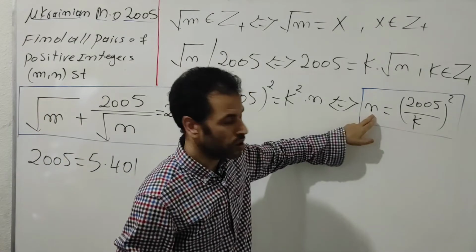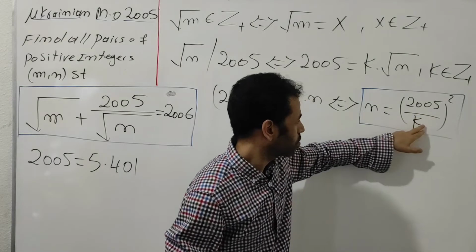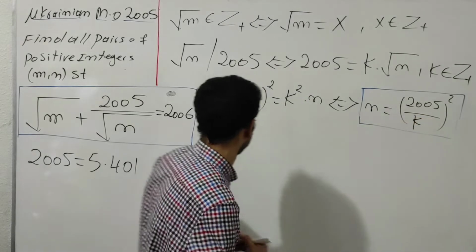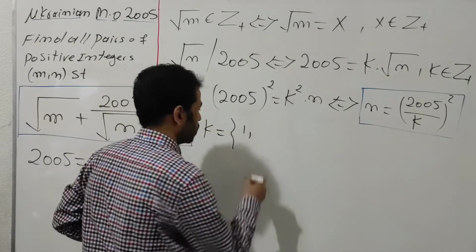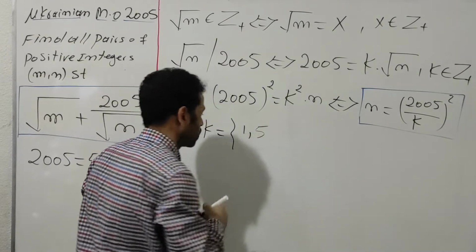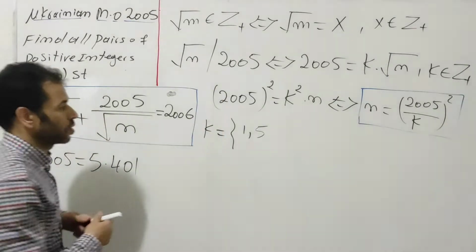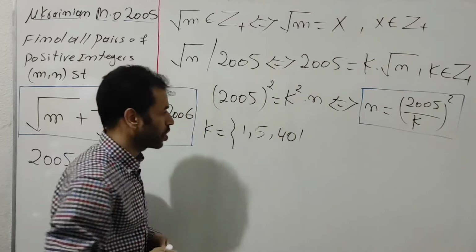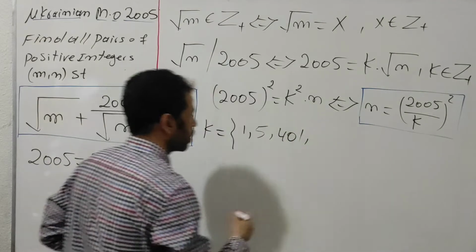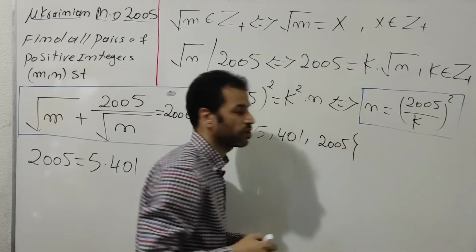Since n is an integer, that means k must divide 2005. So k is taking the following cases: k is taking 1, and k is taking 5, because 5 divides 2005, and also 401 because 401 divides 2005, and finally 2005 because 2005 divides 2005.